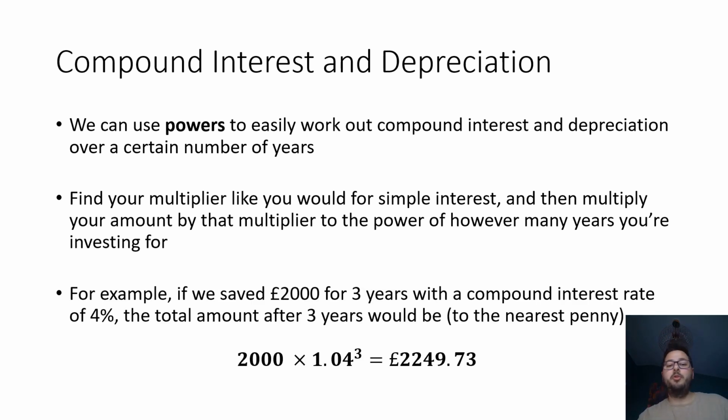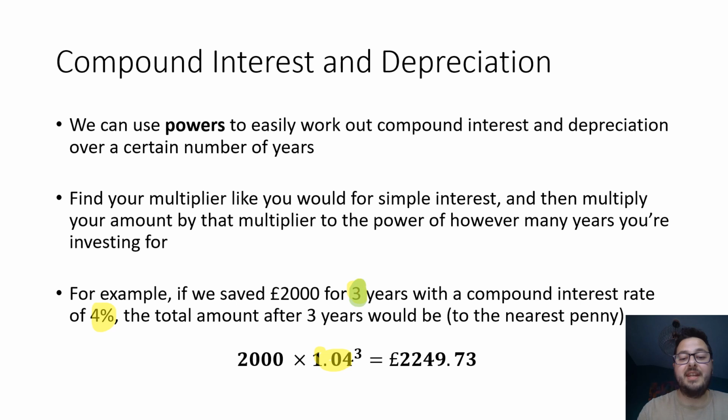So for example, if we save £2,000 for 3 years with a compound interest rate of 4%, the total amount after 3 years would be, to the nearest penny, I've rounded it up, so it'd be 2,000 times 1.04, so that's the 4% added on. That's your multiplier, 1.04. But because it's 3 years, let's use a different colour for that.